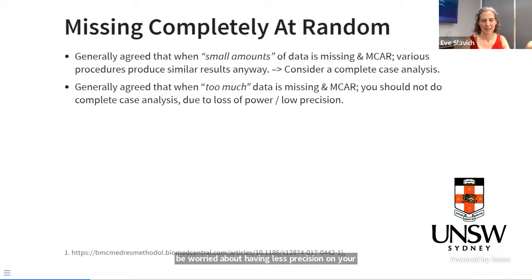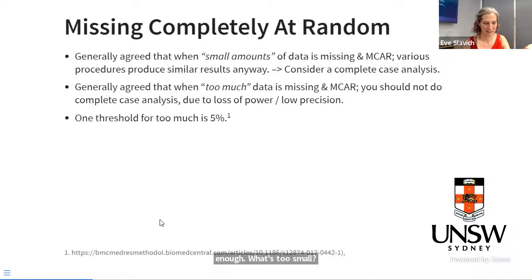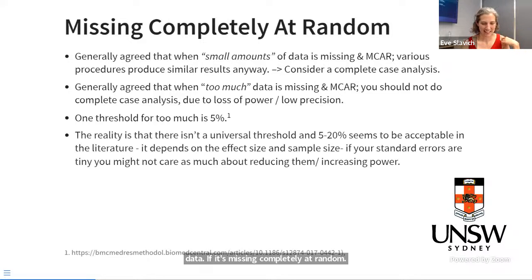So everyone wants to know what's too much, what's a small amount. I found this threshold in a reputable source saying 5% is a small amount. So anything less than 5% is a small amount of missing data. If it's missing completely at random, just don't worry about it.